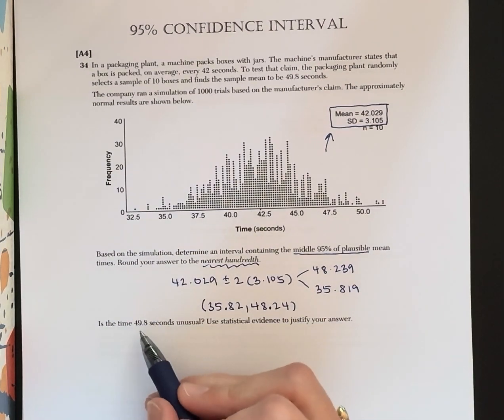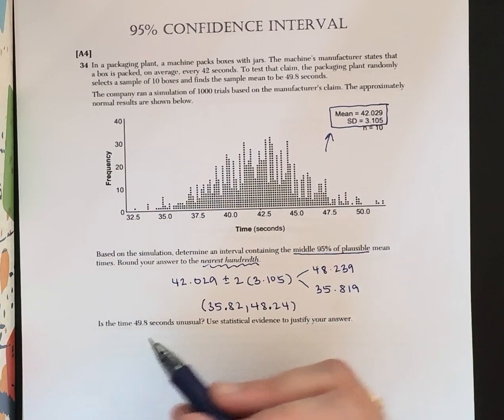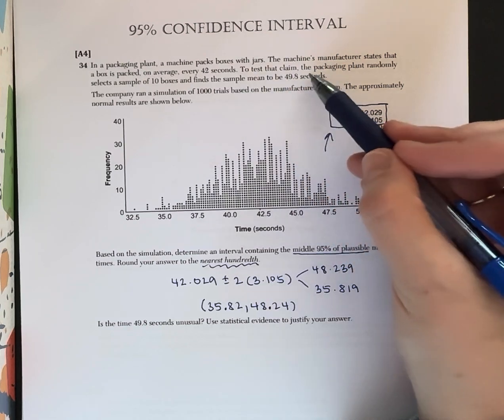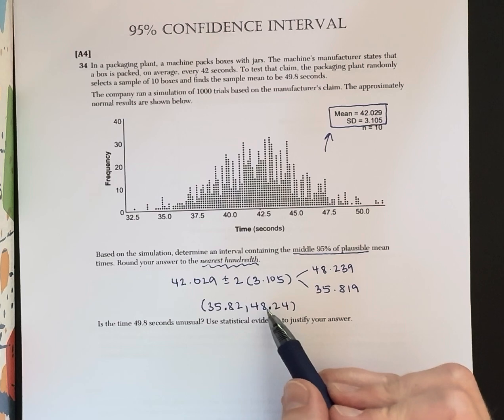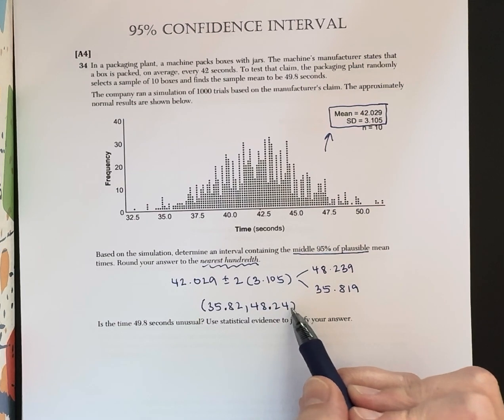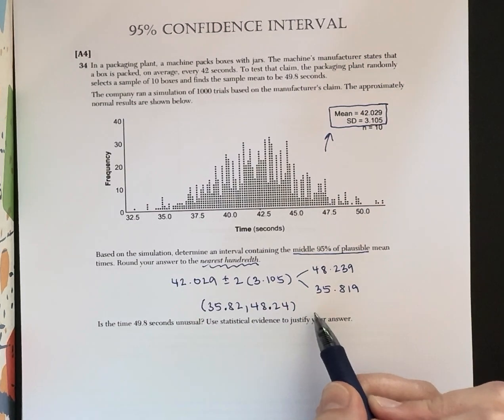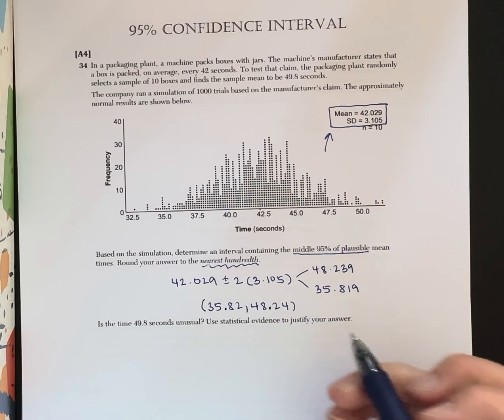Is the time 49.8 seconds unusual? So that's what they had gotten up here, the sample mean to be 49.8. Is it unusual? Is it in the interval or outside of the interval? It is bigger than 48, so it's going to be outside the interval.